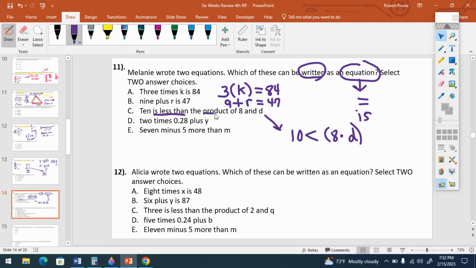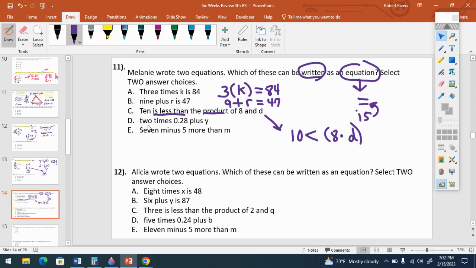Because the word product means times. So even though you think it might be 1, but it's not because, yes, they mentioned the word is, which means equal. But because they mentioned is less than, it's really comparing, which is an inequality. We'll talk about that very soon when I get back, God willing. Very soon I'm going to be back.